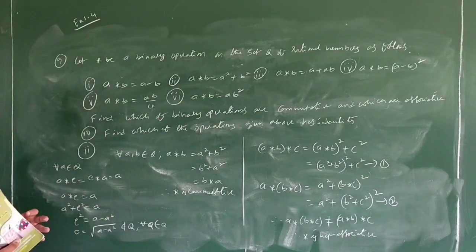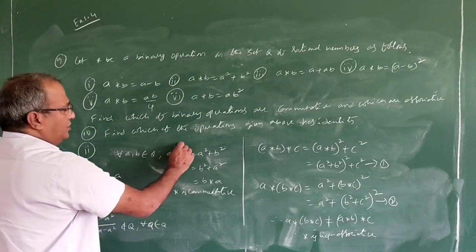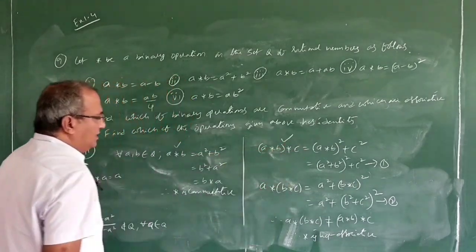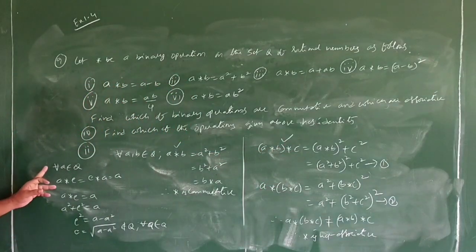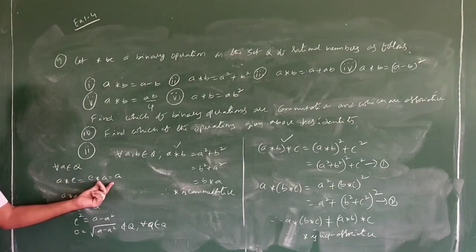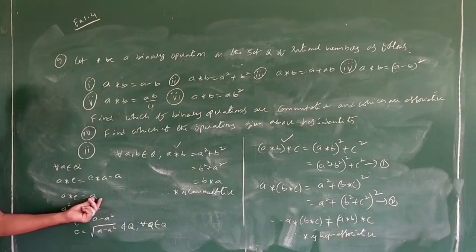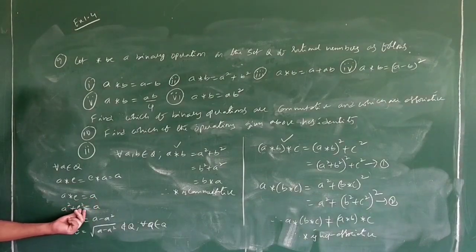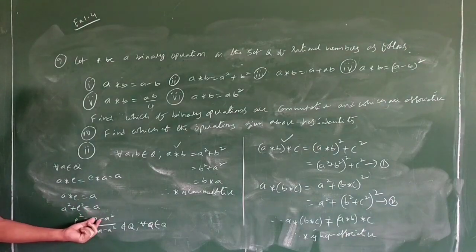Once again, the third property: it is commutative, it is associative. Next, when it comes to identity, I take one element, by the definition of identity. A star E is equal to A square plus E square. By the definition, A square plus E square is equal to, we have to get A. E square is equal to A minus A square.